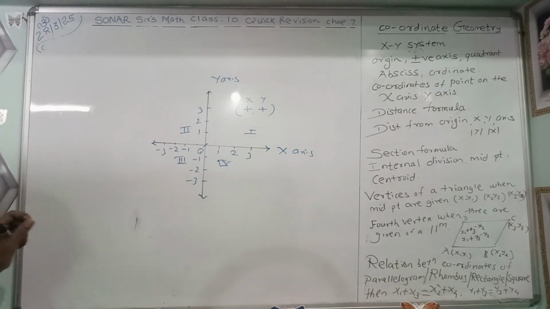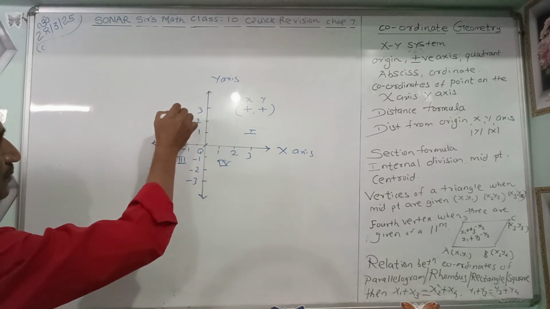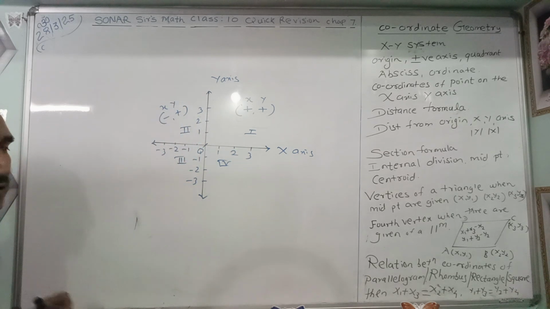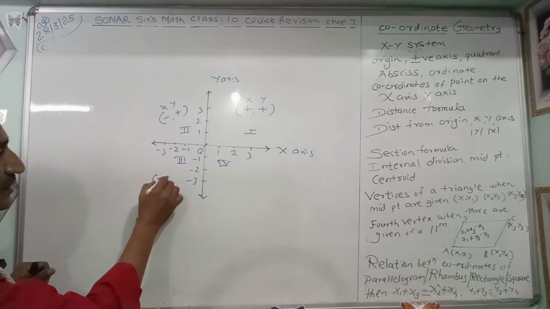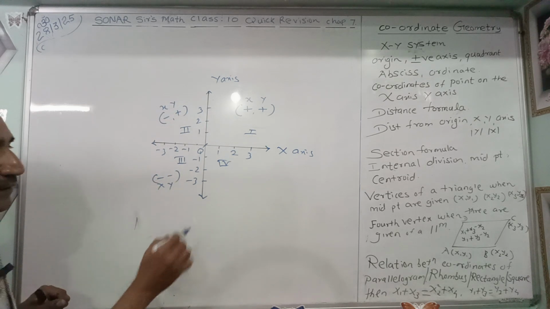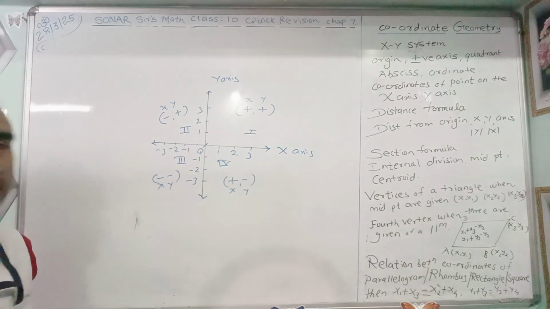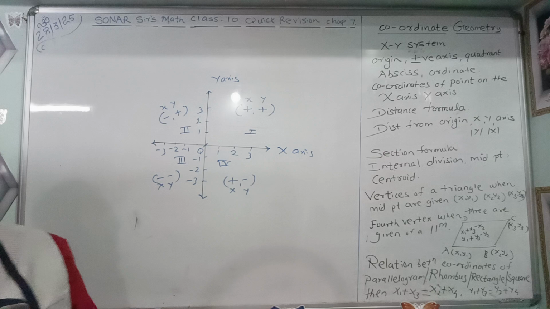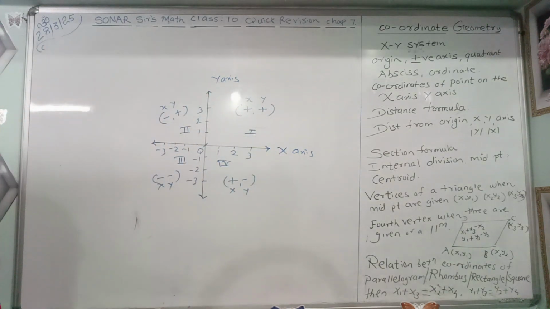The signs of the coordinates of a point in the second quadrant are minus plus. Always the ordered pair is x and then y. Then third quadrant minus minus and fourth quadrant plus minus. These are the respective signs of a point which lies in a particular quadrant.